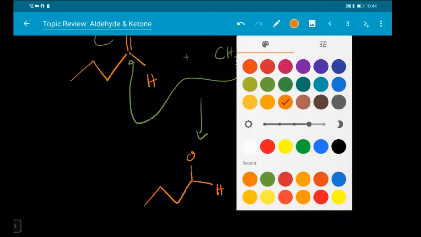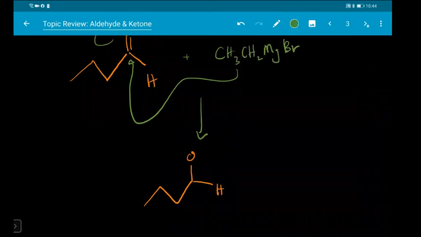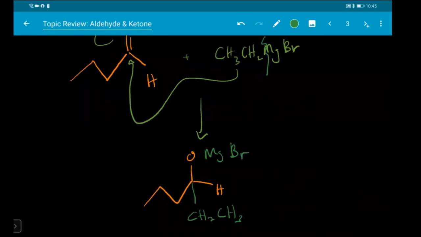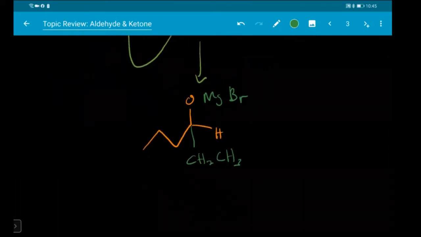Saya tunjuk. Sini akan jadi MgBr. Bawah ni akan jadi CH2, CH3. Guys, take note pasal dia putus dekat CH2, dia akan bersama dekat CH2. CH3 biasanya berada dekat hujung rantaian.